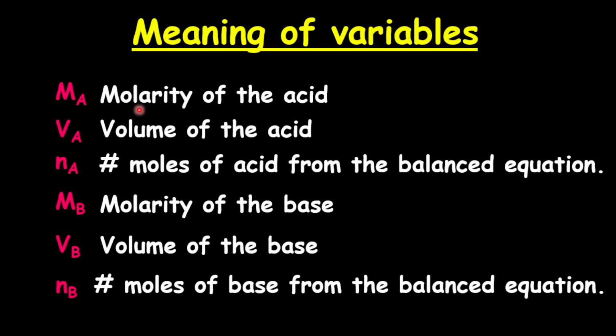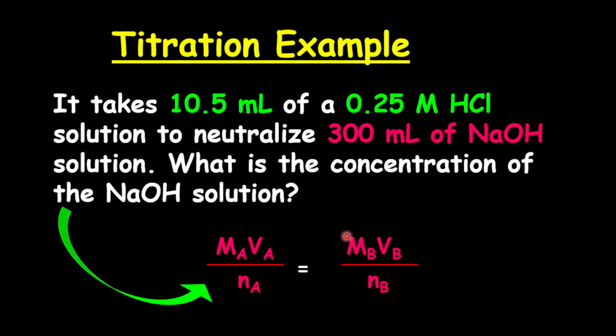So molarity again of the acid, which is Ma, Va is the volume of the acid, Na is the number of moles of the acid accordingly, and the B's are for the base. Now, given this example: if it takes 10.5 ml of a 0.25 molar concentration of hydrochloric acid solution to neutralize 300 ml of sodium hydroxide solution, what is the concentration of the sodium hydroxide solution?